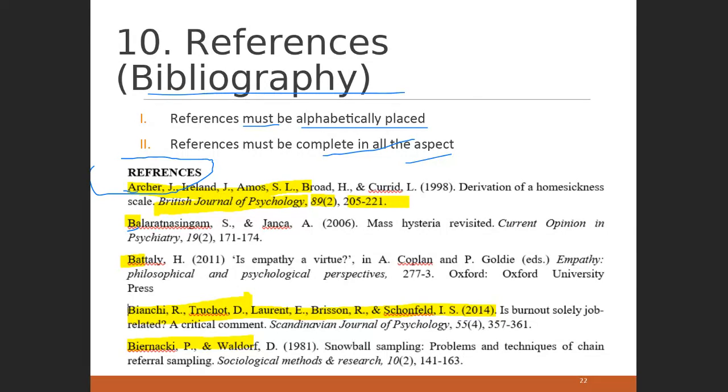So the surnames of the authors are mentioned, followed by the year, followed by the title of their research paper, followed by the name of the journal where it was published, followed by the volume of the journal, followed by the issue of the journal, followed by the page numbers of the paper. Okay, so you need to mention all this information.